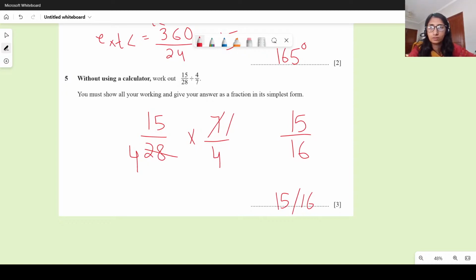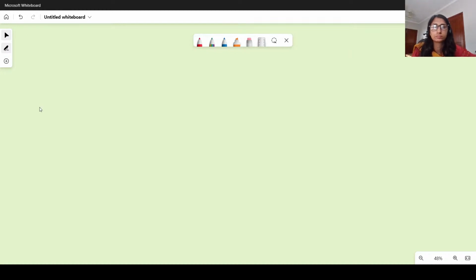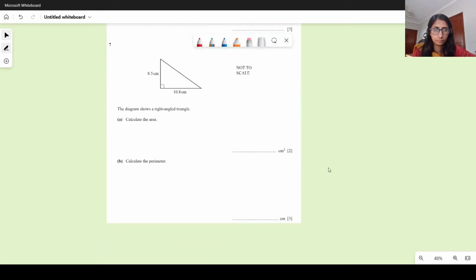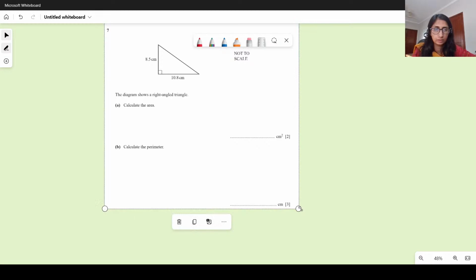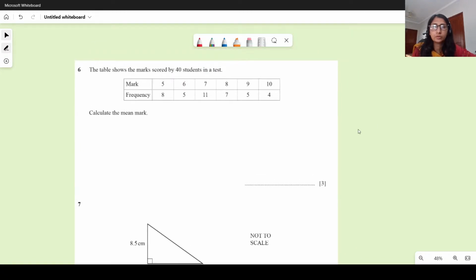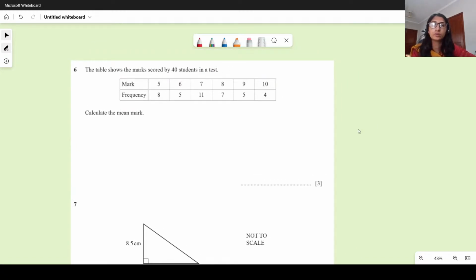Question 6. The table shows the marks scored by 40 students in a test.